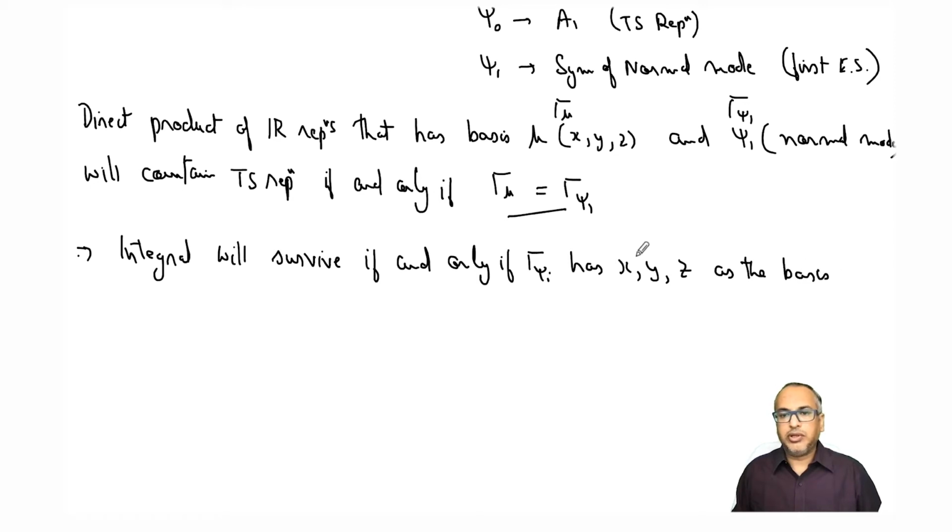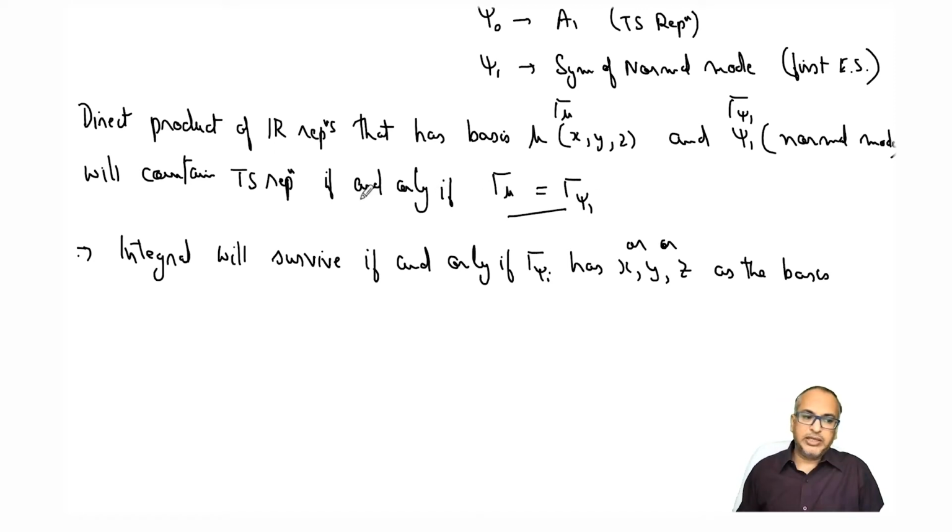Either of the three, x, y, or z, right? X or Y or Z as the basis, because then their irreducible representations will be the same as tau mu, and then the integral will survive.